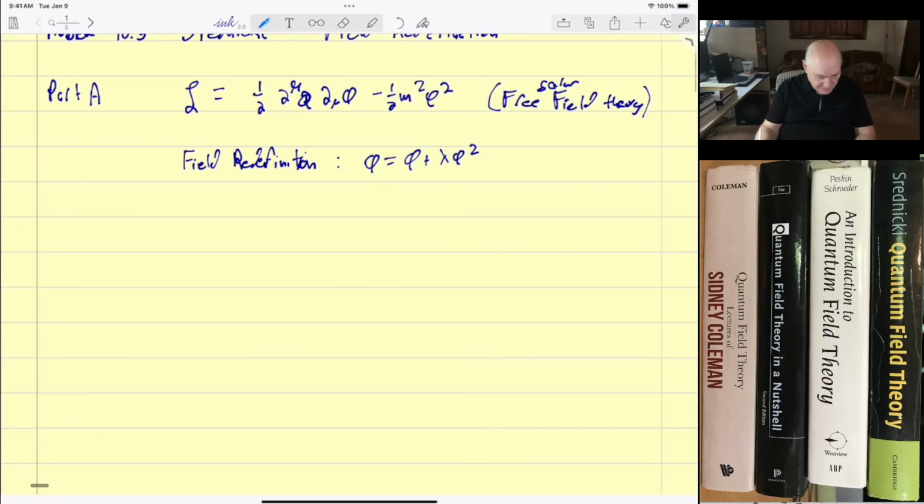And we need to work out the redefined field theory. So our problem is to work out the new Lagrangian and the corresponding Feynman rules.